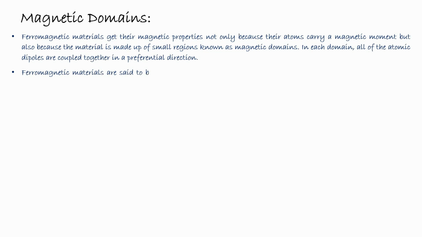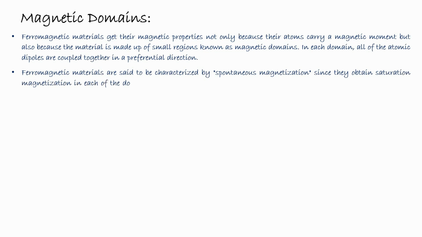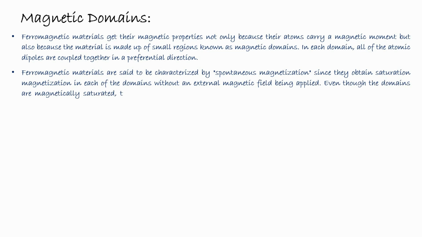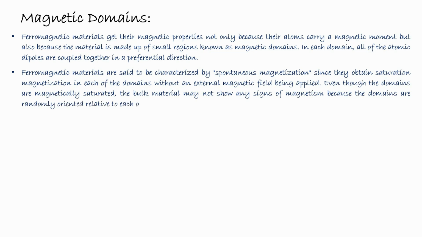The ferromagnetic materials are said to be characterized by spontaneous magnetization since they obtain the saturation magnetization in each of the domains without an external magnetic field being applied. Even though the domains are magnetically saturated, the bulk material may not show any sign of magnetism because these domains are randomly oriented relative to each other.